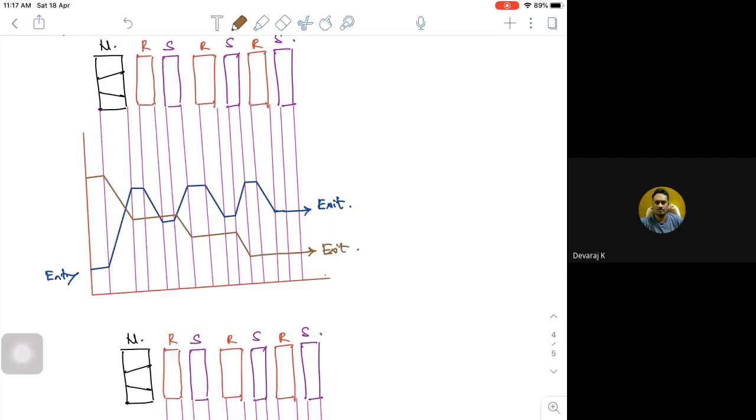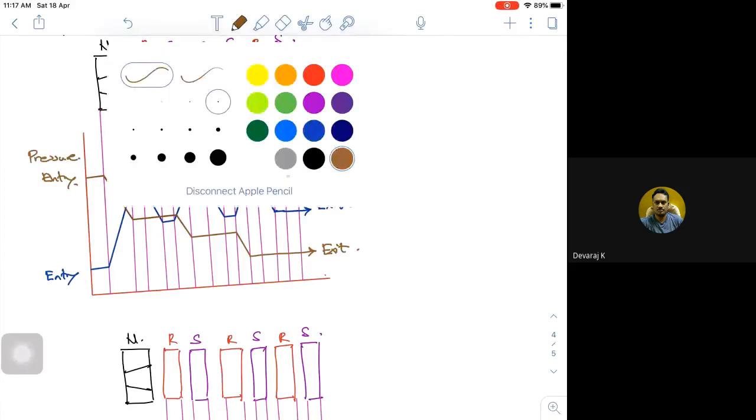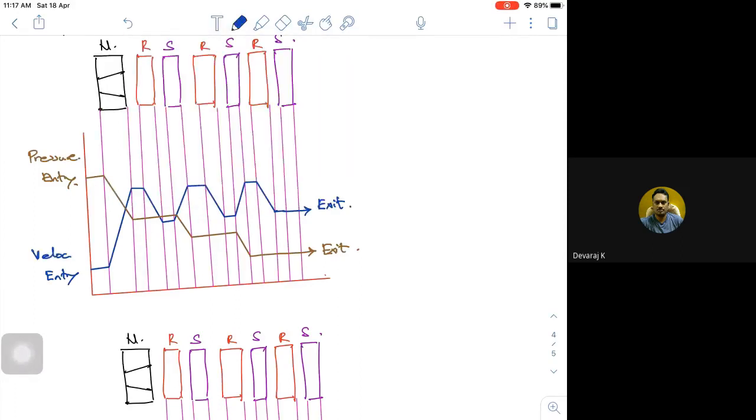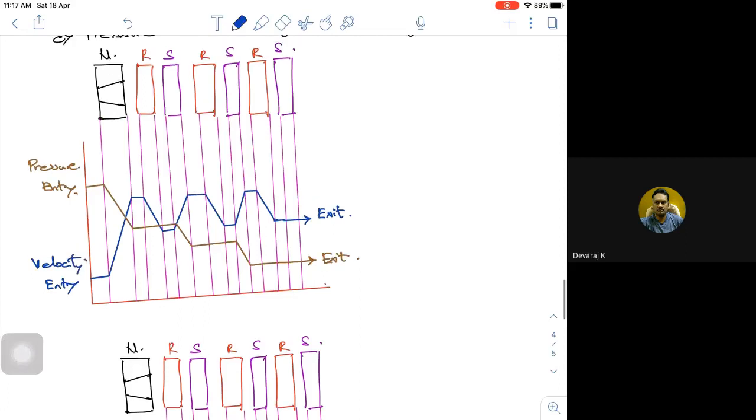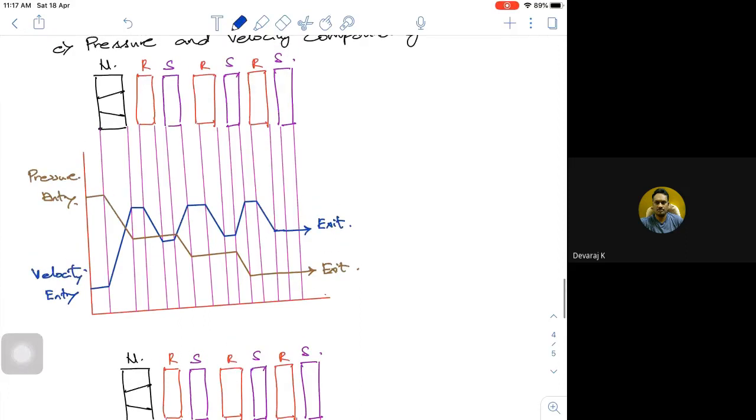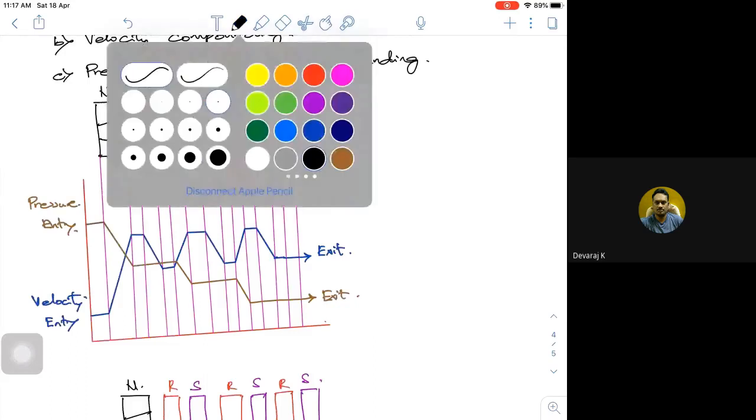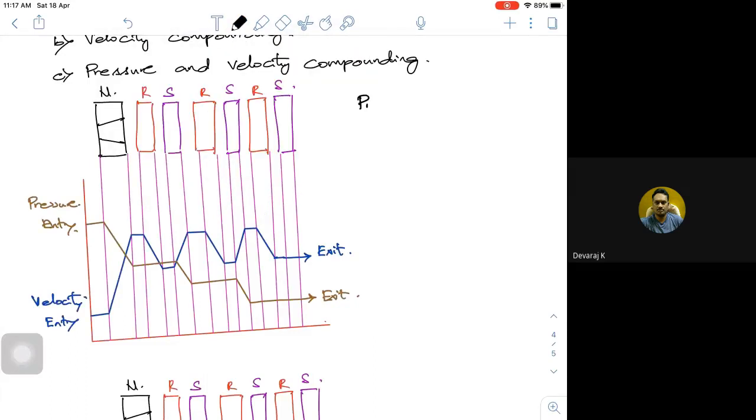This is your entry. This is the pressure, and this is your velocity. See what we look at. This is the pressure compounding.